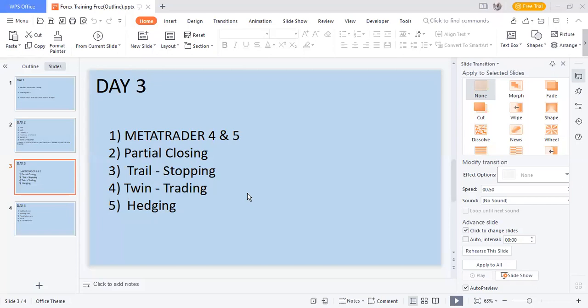Then I will look at partial closing. Then I will look at swing trading. Then I'll look at hedging. So what I want to say in essence here is there are so many ways people trade. But what I'm going to be saying today is something that is key. But first, let us see what MetaTrader 4 and 5 is.